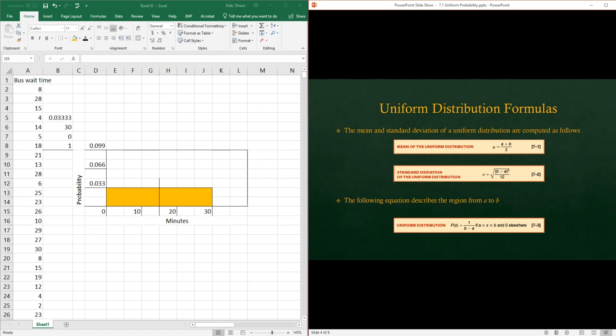Or if you're looking for a standard deviation, you have 8 minus 2, which is 6, squared, which is 36, divided by 12, which is 3, and then you take the square root of 3, and that's 1.73 would be the standard deviation of what I just described.